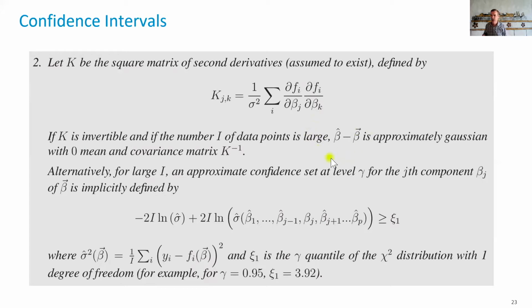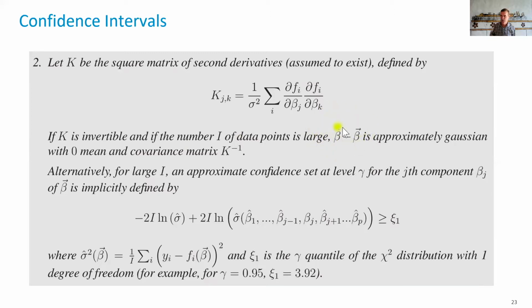Beta hat is our estimate. This is the solution of the optimization problem. Then approximately, which means essentially when the number of points is large, this is a central limit theorem, very much like we had when we were computing confidence intervals for the mean. So approximately when n is large, we have the following thing.